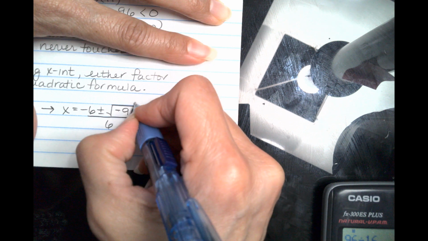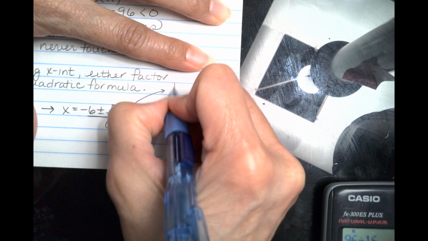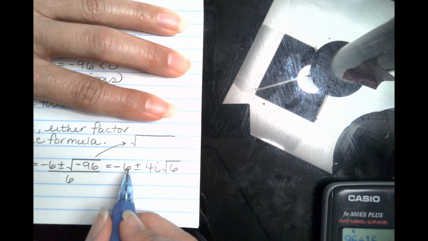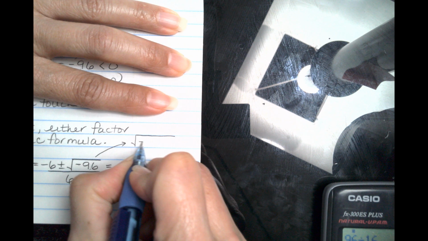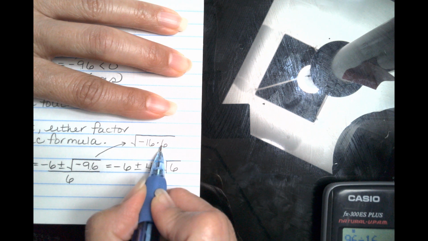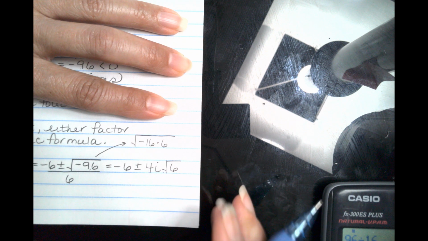Just in case you don't understand what I'm doing here, let me rewrite it over here. We have 96 being factored as negative 16 times 6, okay? So when I take out the square root of negative 16, it's 4i, and the 6 stays inside. The 6 is only 2 times 3, okay?